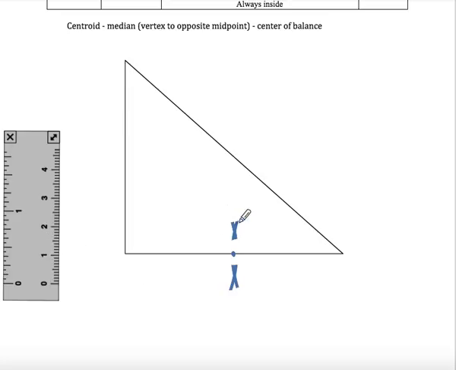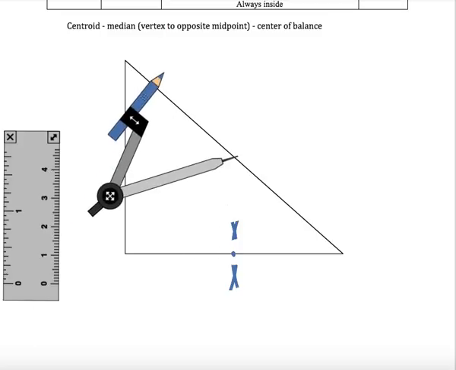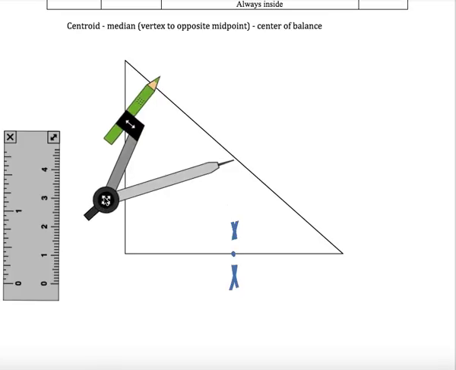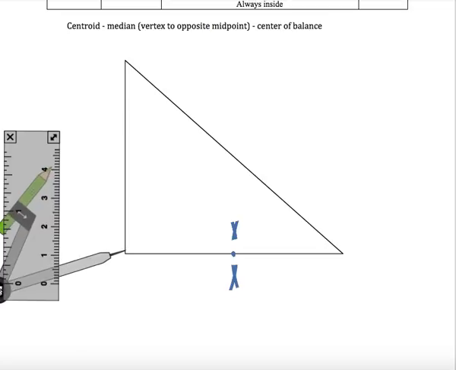So for my next one, I want to make sure that I go a little bit further over halfway so that I can really see where those intersections are going to cross. So now let's do our next side. If I'm using this vertical side over here, I put the point of the compass on one of the vertices.